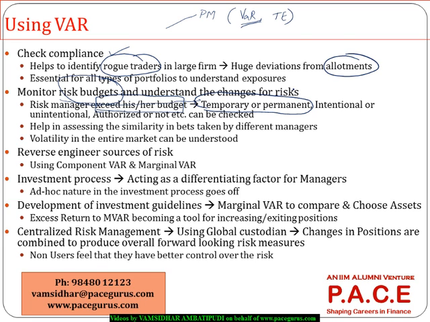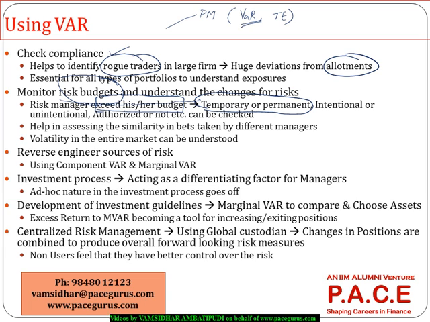When I say permanent, probably the manager has quite heavily deviated from the target, changed the allocations quite heavily. So I have to really understand whether the changes are more temporary or permanent. Are they intentional or unintentional? Are they properly authorized or not? So once I have a risk-based capital and budget in place, I can very well do the monitoring and identify the deviations quite early on before they result into mighty mega losses.